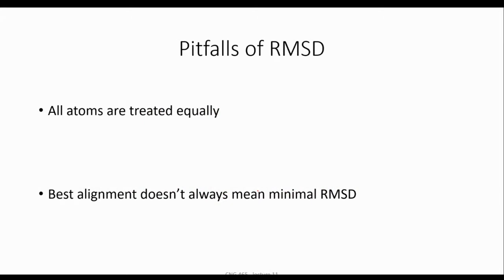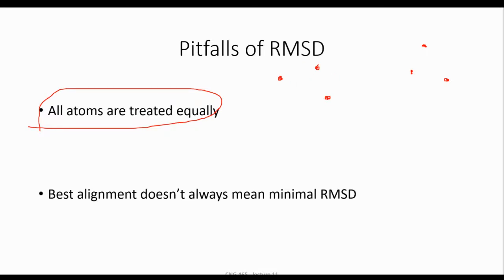What are the pitfalls of RMSD? All atoms are treated equally. This is a big disadvantage. It means that when you are just comparing coordinates with each other, for example, this one belongs to one protein, this one to another, then assume that they are on a 3D structure, not 2D as you see on your monitor.